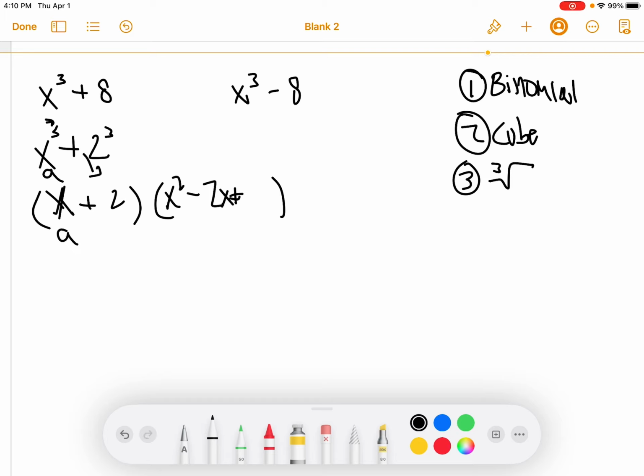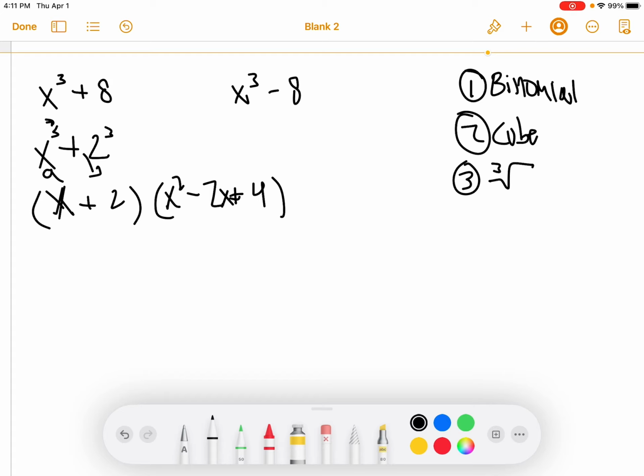So this is a, b, and then you have a squared, and then you have ba, and then b squared. So that's basically what you're doing. And then the signs are either plus or minus, remember. So 2 squared is 4, so that's what we have here.